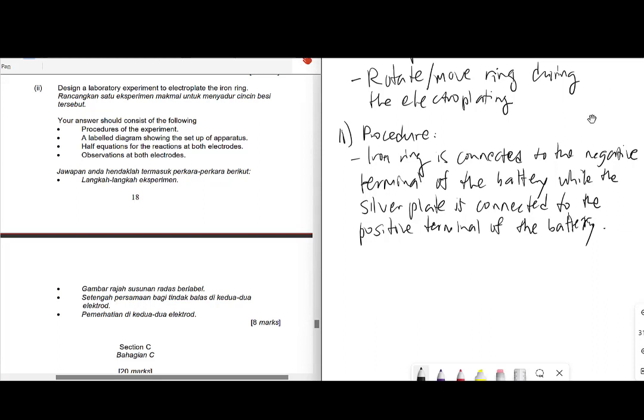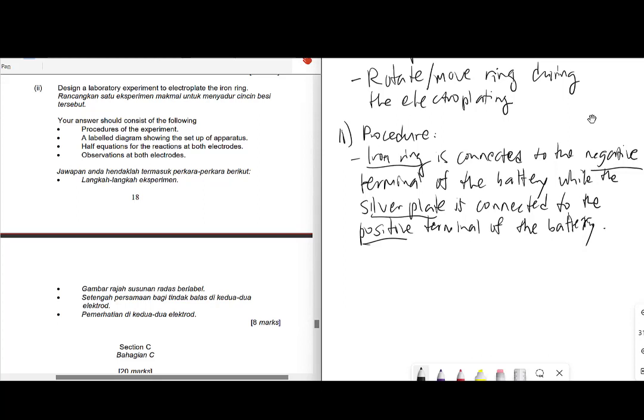So in other words, you can also say that the iron ring is basically your cathode, which is negative, and your silver plate is actually the anode, which is your positive. All right, as long as the meaning is there.